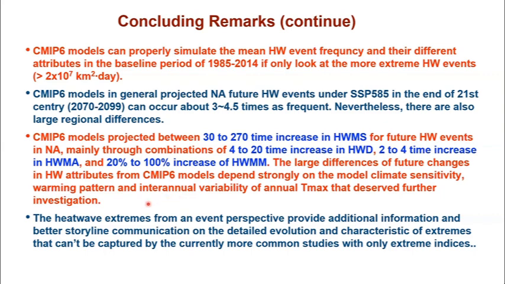So I'd say that from an event perspective, it can provide much more information and better storyline communication to the general public, and when you get a detailed evolutionary characteristic, those cannot be captured by the industry study.